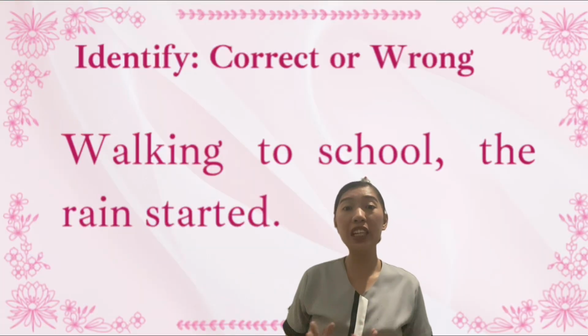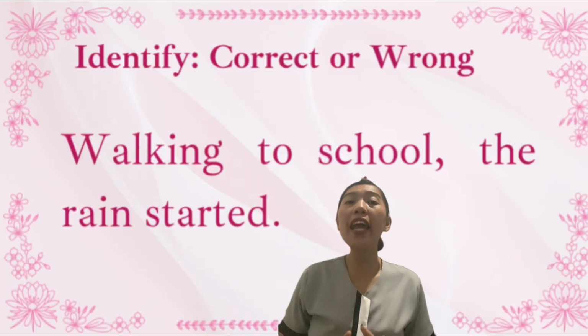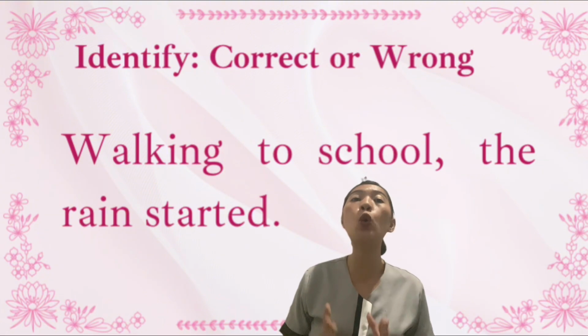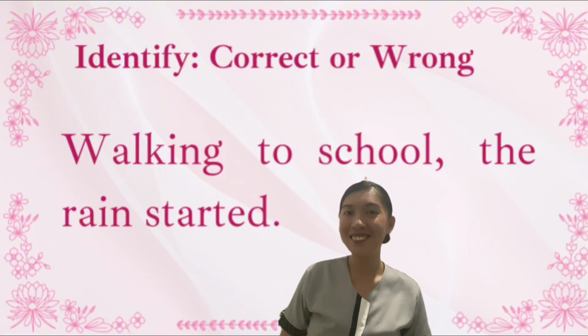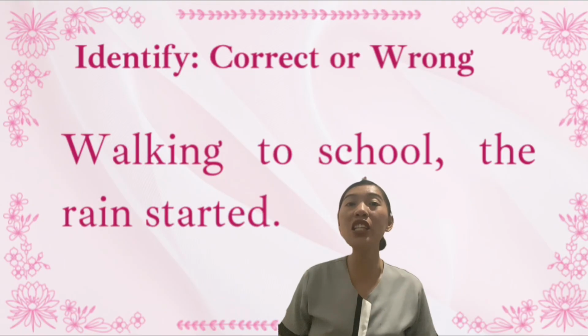Now I have here a sentence and I want you to identify if it is correct or wrong. Walking to school, comma, the rain started. Is it correct or wrong? Very good. It is wrong.